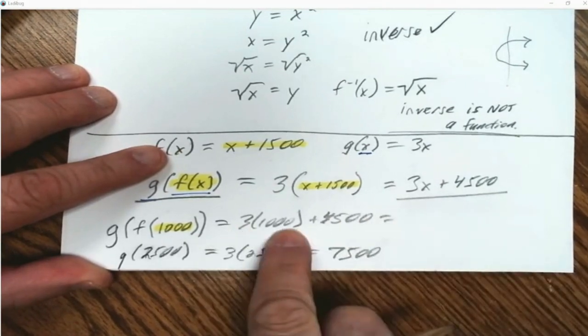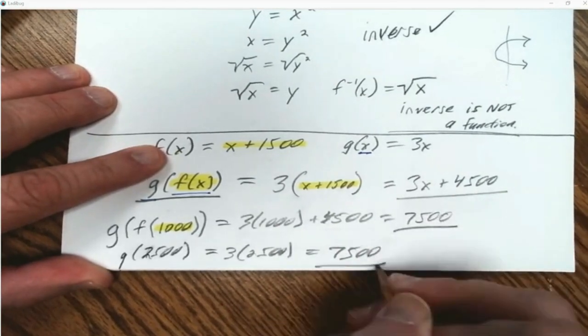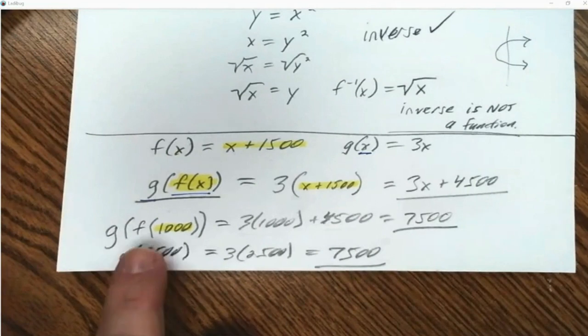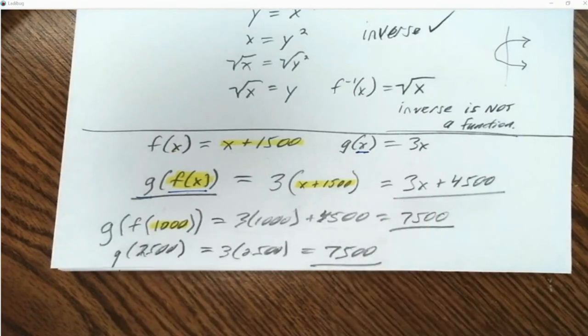That equals 3,000 plus 4,500. It's 7,500. You get the same answer either way, whether you substitute it into the f first and find out what that value is, or just take g of f of x and instead of x, make it 1,000. So composition of functions. Can you substitute one into another? Can you go either way?